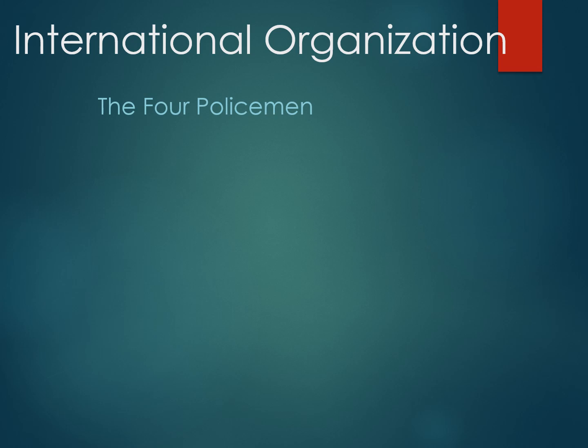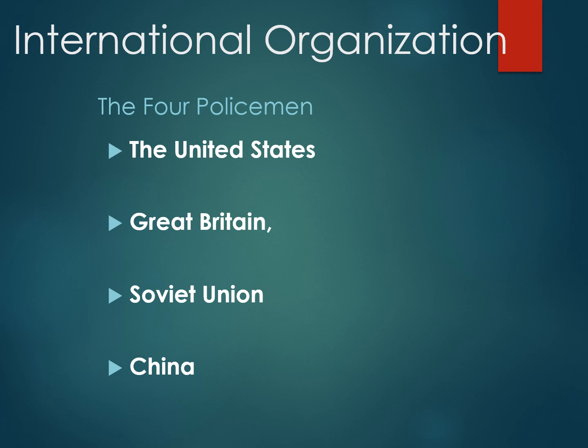For him, the great powers that were left after World War II would act as the policemen of the UN, the enforcers of the UN. So in his vision, this would be the United States, Great Britain, the USSR, and China.